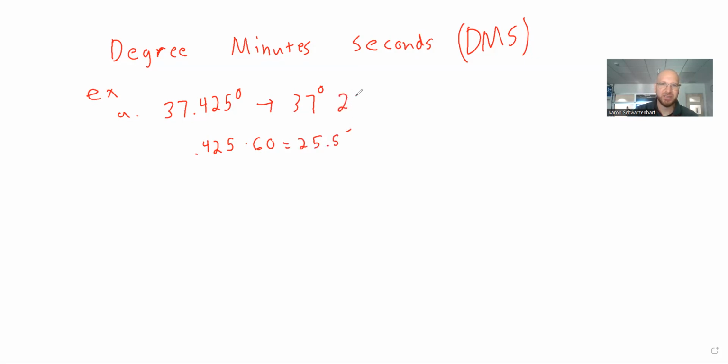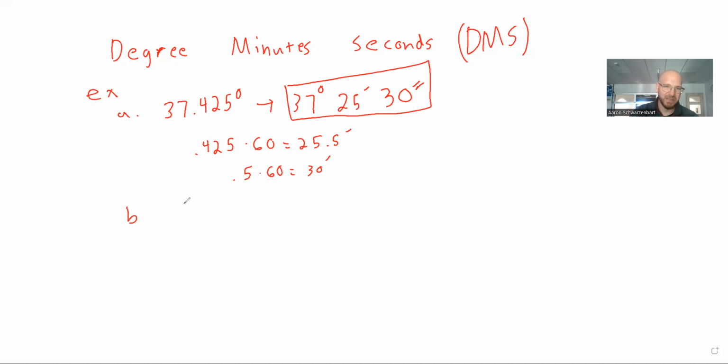So 37 degrees, 25 minutes. Minutes we're going to use this line for, kind of like feet. And then we'll use what's after the decimal times 60 again, 30 seconds. So 37.425 degrees is 37 degrees, 25 minutes, and 30 seconds. And that's what my answer looks like.